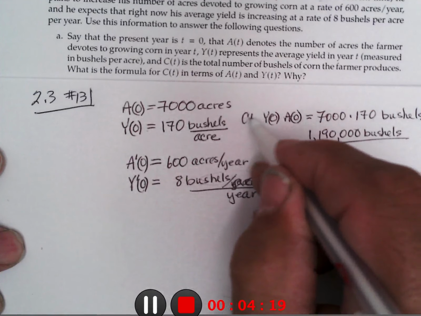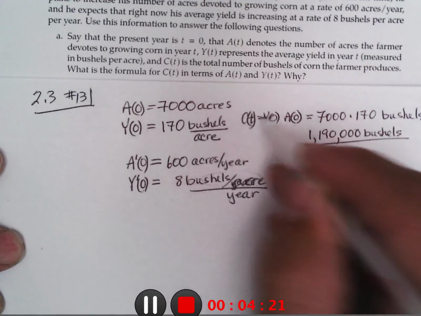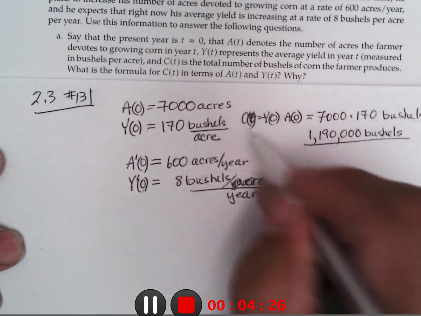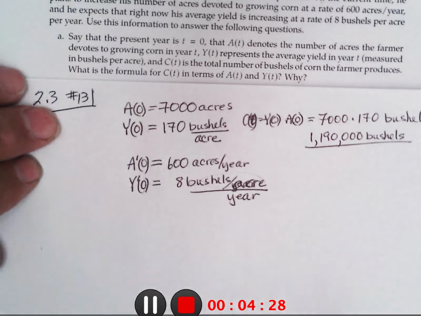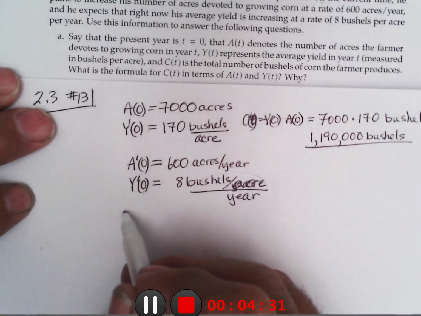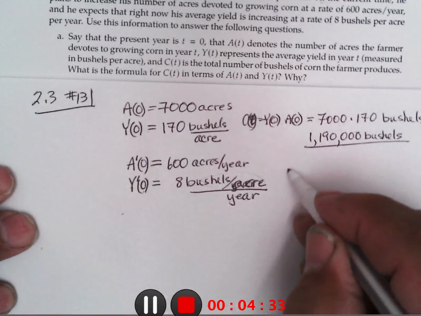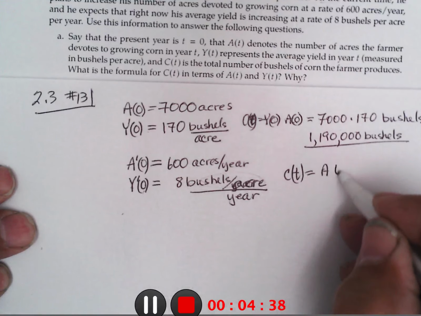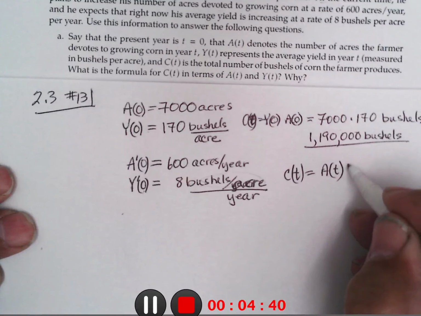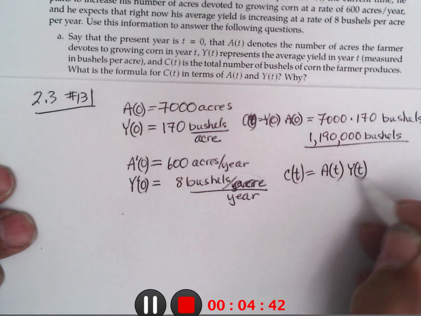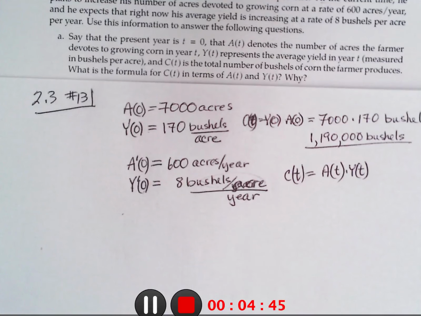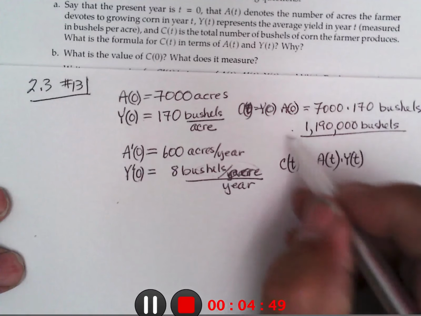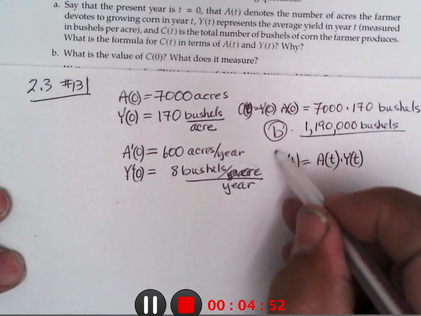So C of t would be Y of t times A of t, or A of t times Y of t, and what we calculated here was C of 0. Let me write it down here just so we got it. C of t is A of t, or Y of t first, doesn't matter, times Y of t. It's the product of these two. That's the answer to A. B, what is C of 0? That's this answer. So we've done A and B.